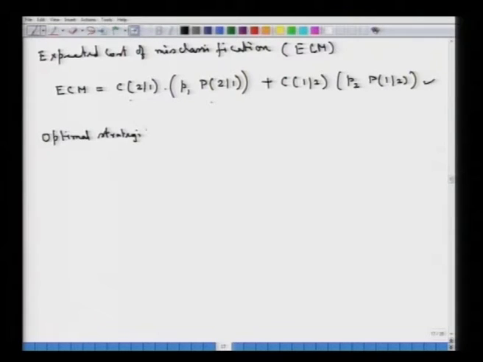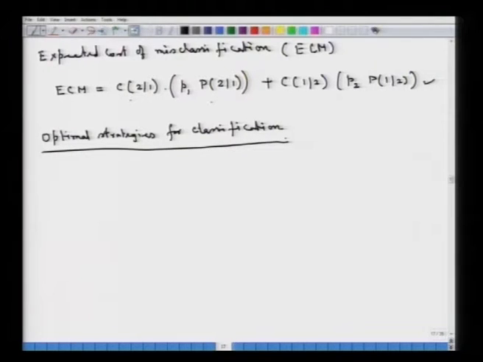Optimal strategies for classification rule. Now, in this general discussion on finding out the optimal strategies for classifying correctly, what one is assuming is pi 1 and pi 2 to be just two populations with the densities given by f1(x) and f2(x).